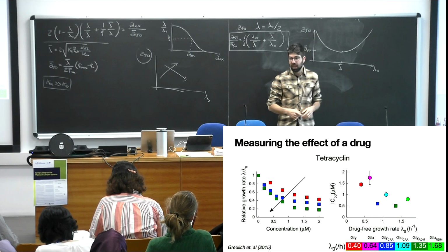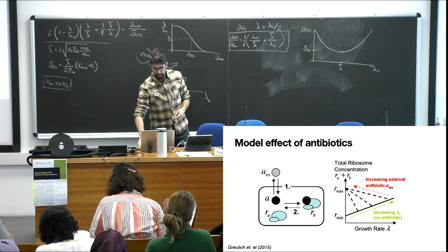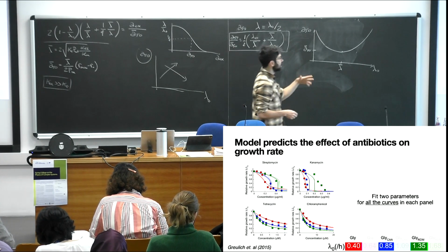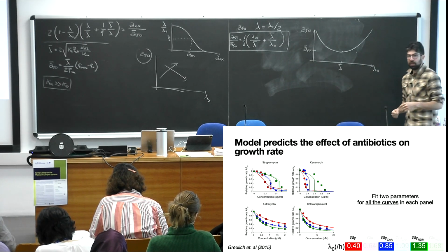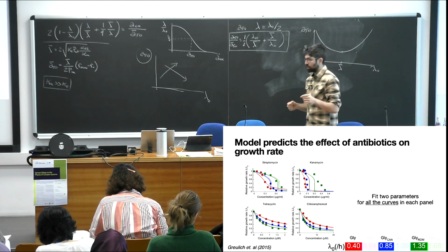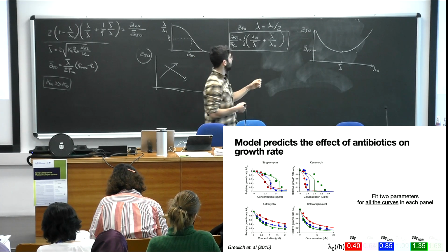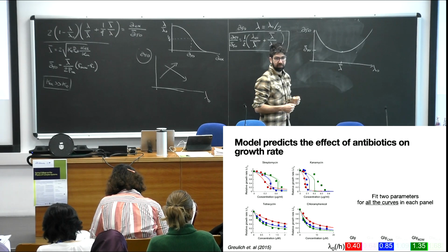Now what you can do is say: I fitted all these curves, so for each drug and for each of the two types of nutrient, glucose and glycerol, I know the value of lambda bar and the value of A bar 50.